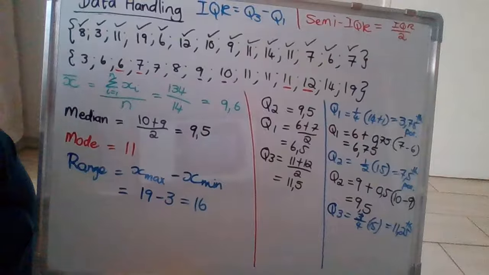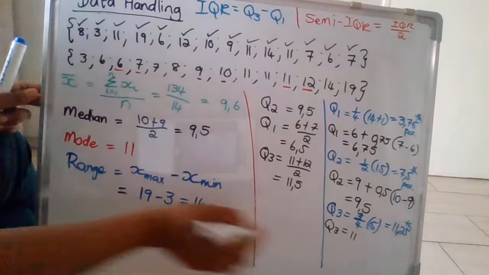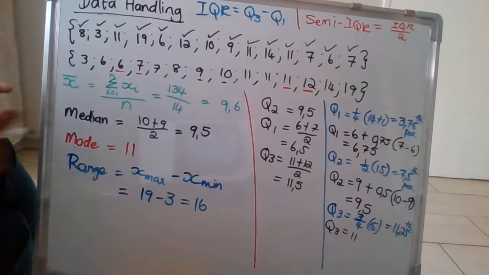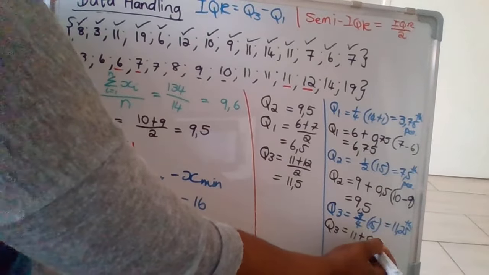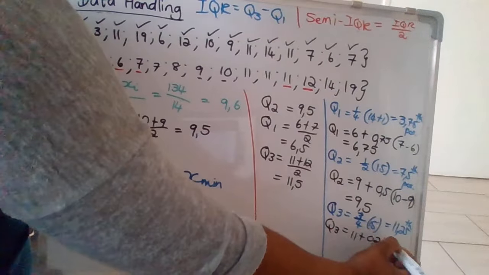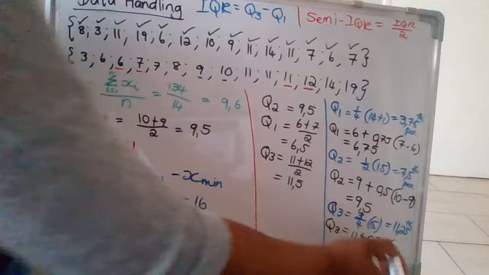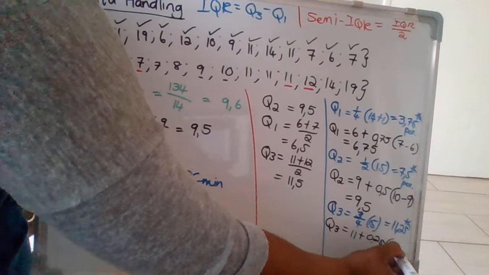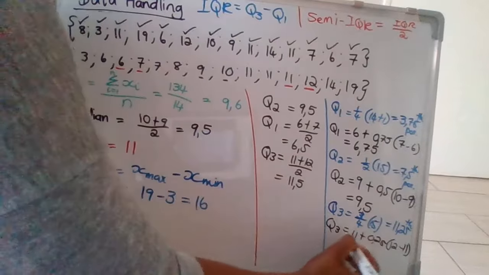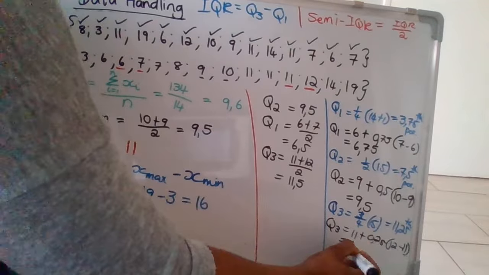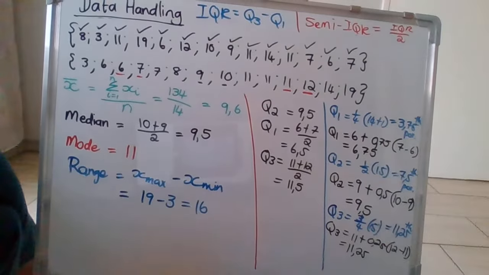So the 11th position is actually 11. And if I then subtract 11 from there, I'm left with 0.25, multiplied by the 12th position, which happens to be a 12, minus the 11th position, which is 11. So here, my upper quartile is 11.25.